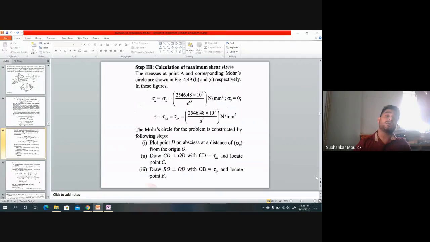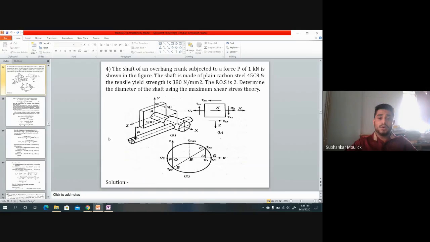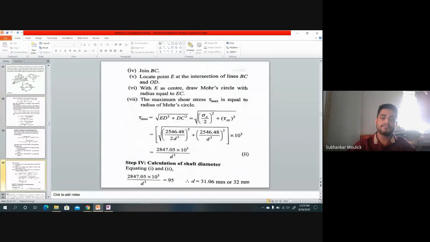The third case: if the question says you have to use only maximum shear stress theory, or only maximum distortion energy theory of failure, then you have to use that theory to solve the problem. And the fourth step is to identify to how many types of stresses the problem is subjected due to this particular load, and accordingly get the dimension of the problem. Okay?